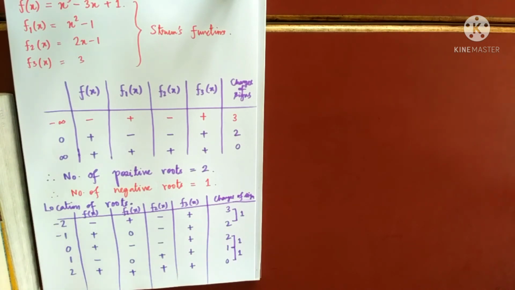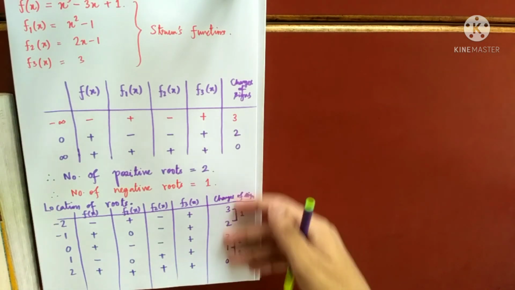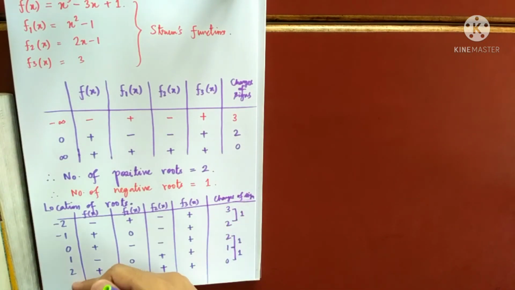Maybe you have to do some more. If you are not getting any excess of signs here, you continue for 3, 4, 5, 6 and so on. You have to check. That is just hit and trial. Okay, so I'll conclude here.